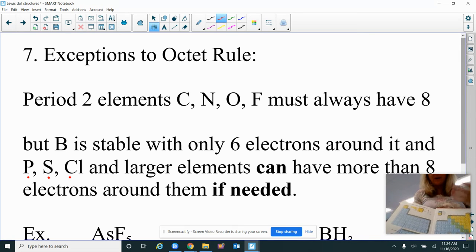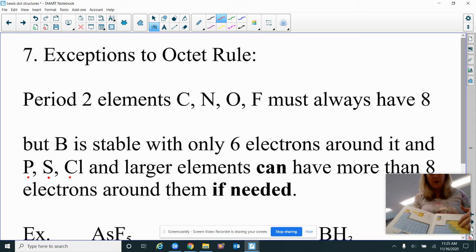So that's where the extra electrons could be put if needed. So phosphorus a lot of times has 10 electrons around it, and so does arsenic and antimony. But then sulfur and selenium often have 12 electrons. They can make 6 bonds, and that's the highest. No one can ever make more than 6 bonds. No one can ever have more than 12 electrons around it, no element.